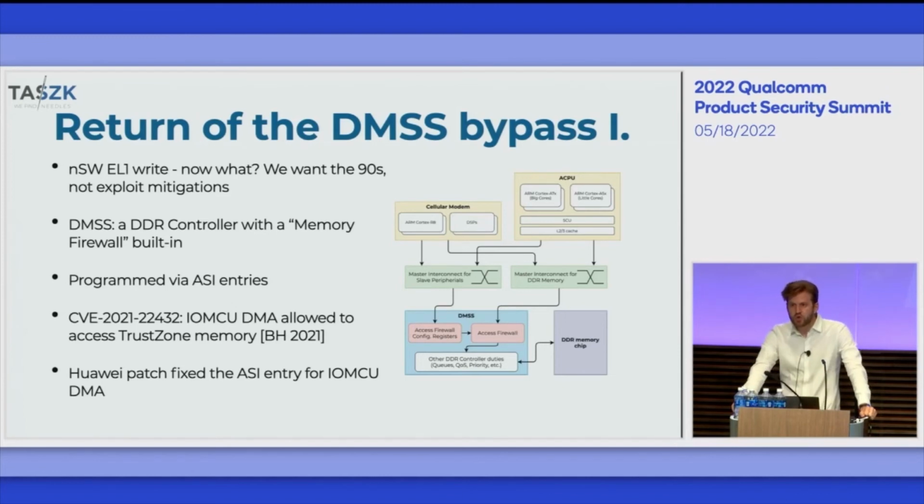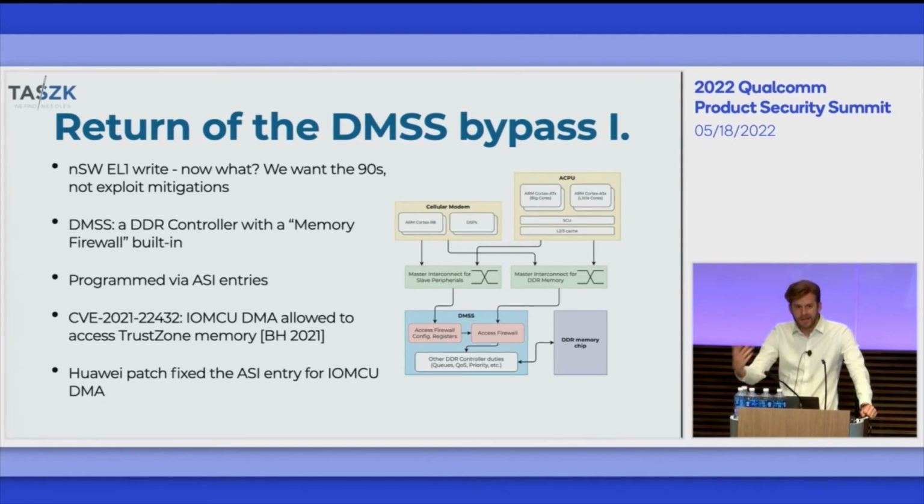I don't want to go into too much of the details of this. Our previous white paper talks about it. But the thing that's just important to understand is that the way it works is that there is this table of permission entries, which they call ASI entries, that control how different cores and different DMA-capable peripherals within the entire SoC can access certain areas of the DDR memory.